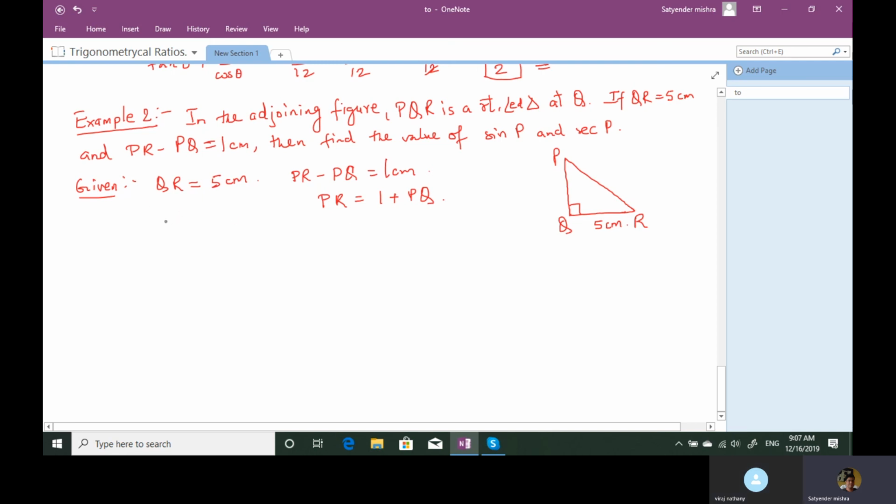So what we can do here, from the right angled triangle PQR, we can write PR square equal to PQ square plus QR square. So, right.